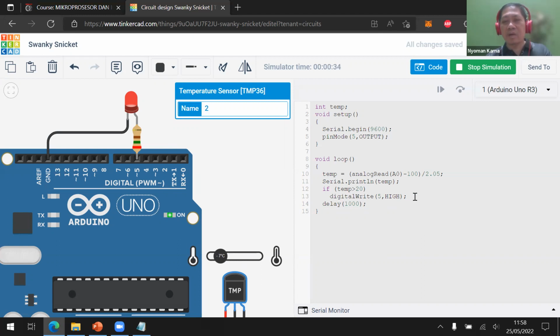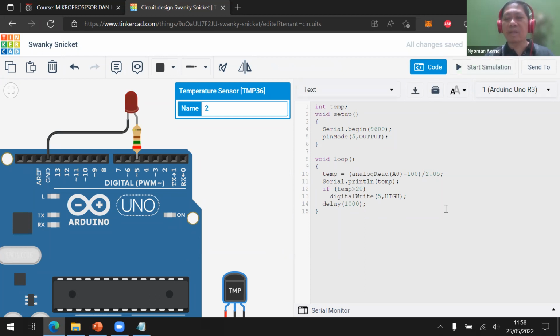It will change only if we rewrite pin number 5. So that's why we need the else. Else digital write 5 low.